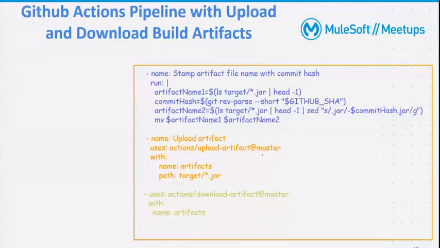So we can make sure whether my latest jar is getting deployed to my environment or not. We can do stamping on my jar file name. How can we stamp it? If you see here, I have a little bit of code. I'm taking the commit hash from $GITHUB_SHA, which belongs to your current run. This gives me a hash value, which I'll add to my jar file name.